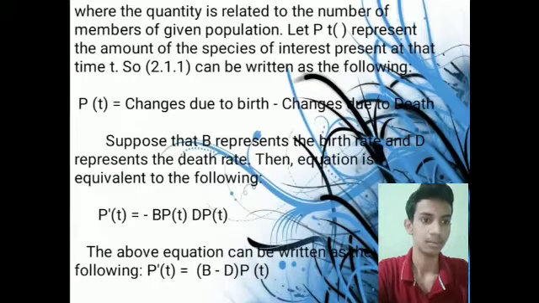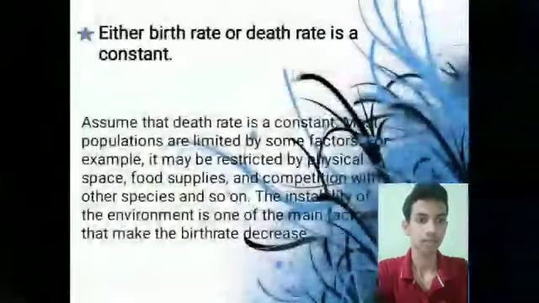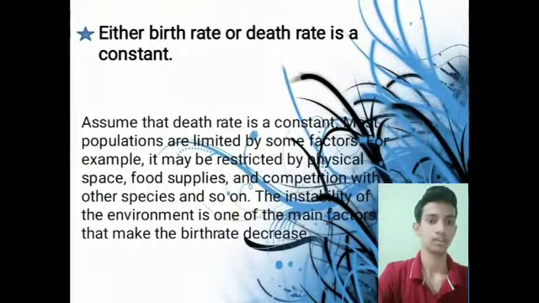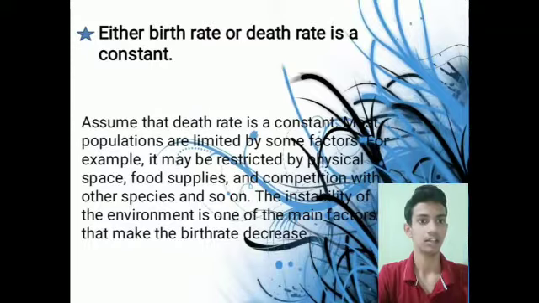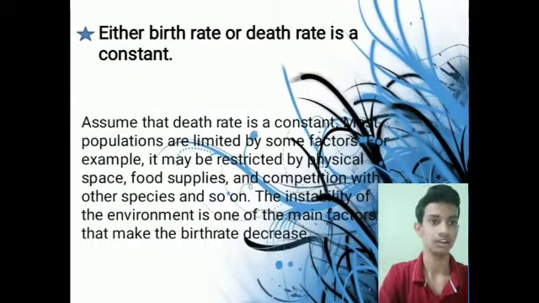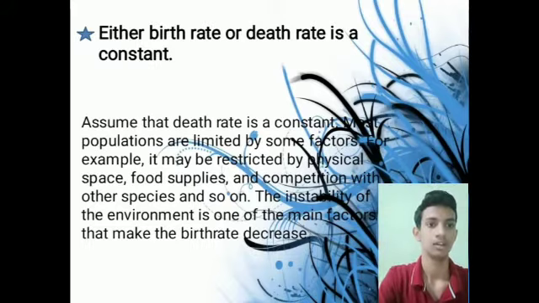The above equation can be written as the following: P'(t) is equal to (B minus D) P(t). The next point is that either the birth rate or the death rate is a constant. Assume that the death rate is a constant.